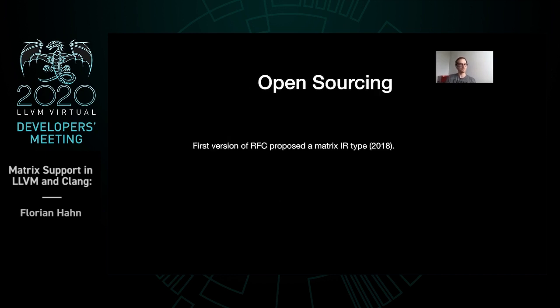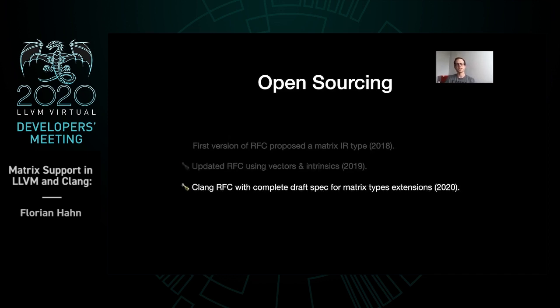So this proposal was originally shared in 2018, and then after we received the feedback mentioned earlier, we went back to the drawing board and came up with this updated proposal using LLVM vectors and intrinsics, and shared this RFC roughly 1 year ago, and it has been accepted and is now part of LLVM.